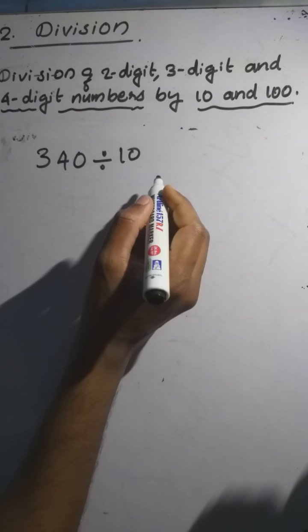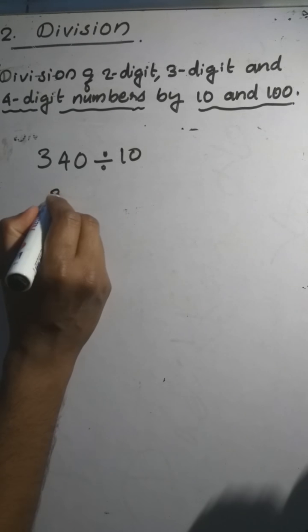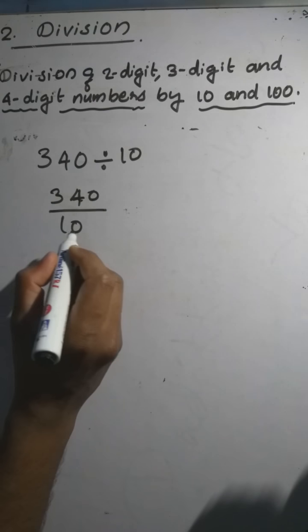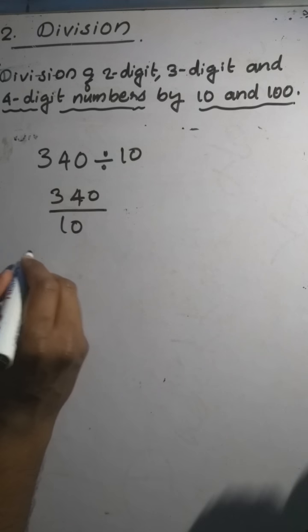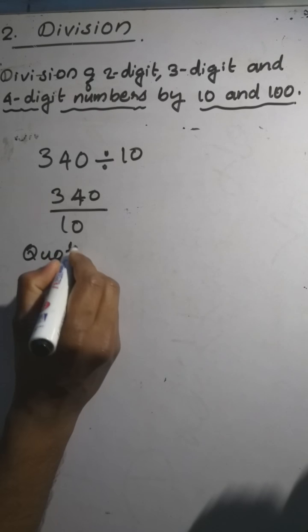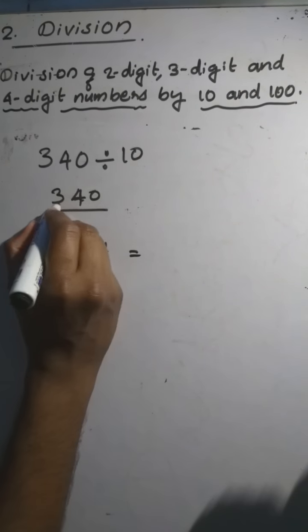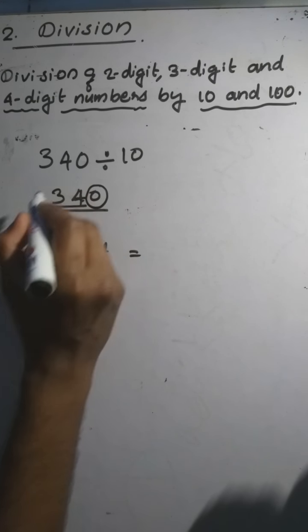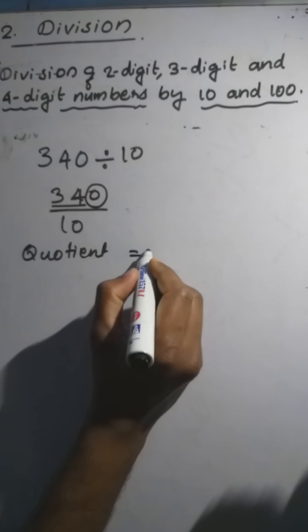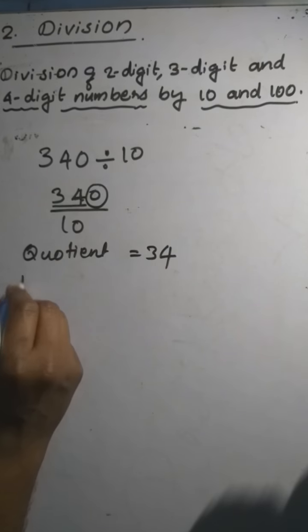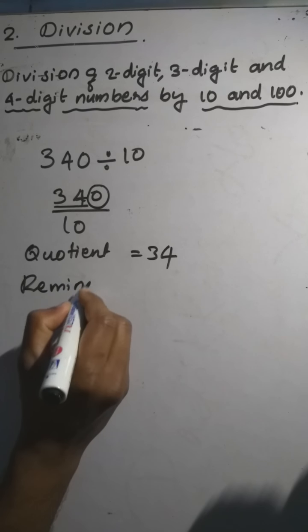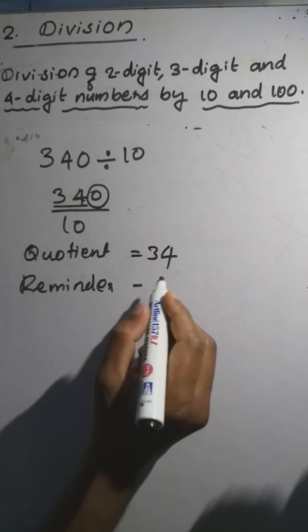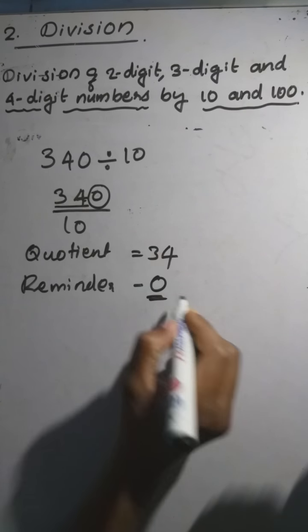According to our conclusion, the quotient will be the digits excluding the unit digit. So 34 will be the quotient, and the remainder is the unit digit. Here 0 is the units digit, so the remainder is 0.